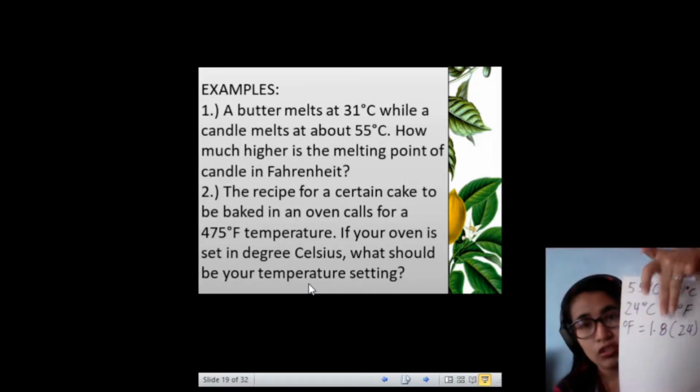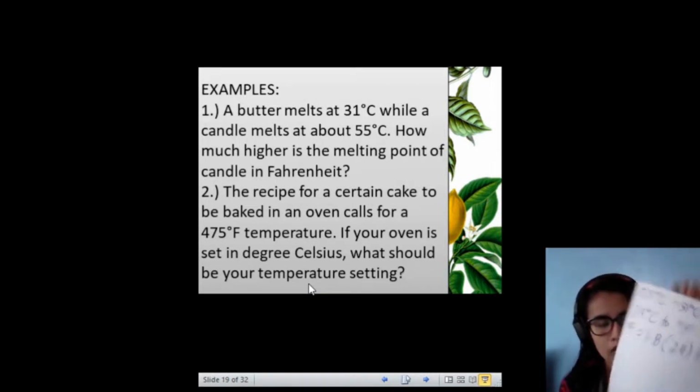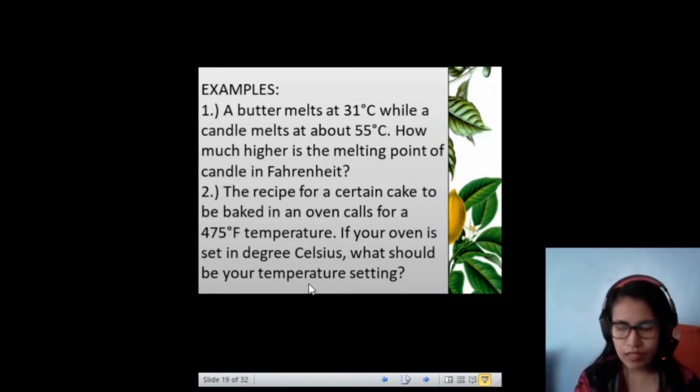We just change it into the decimal. So we have 1.8 times the 24, which is the given degree Celsius, plus the 32. So your final answer will be 75.2 degree Fahrenheit.